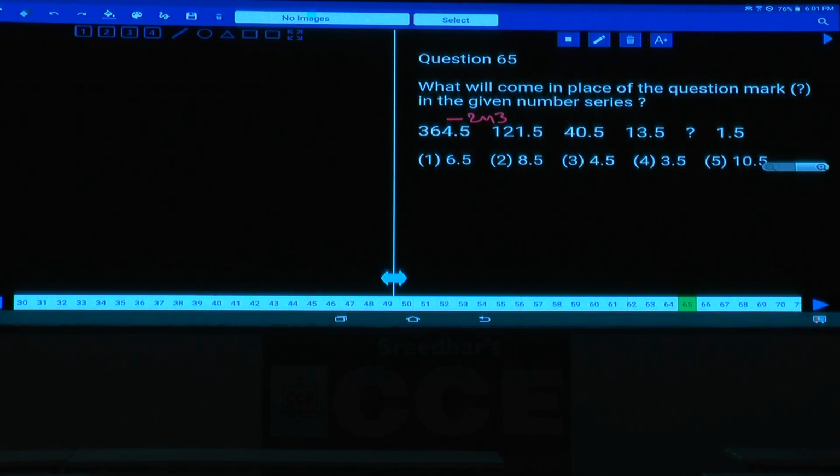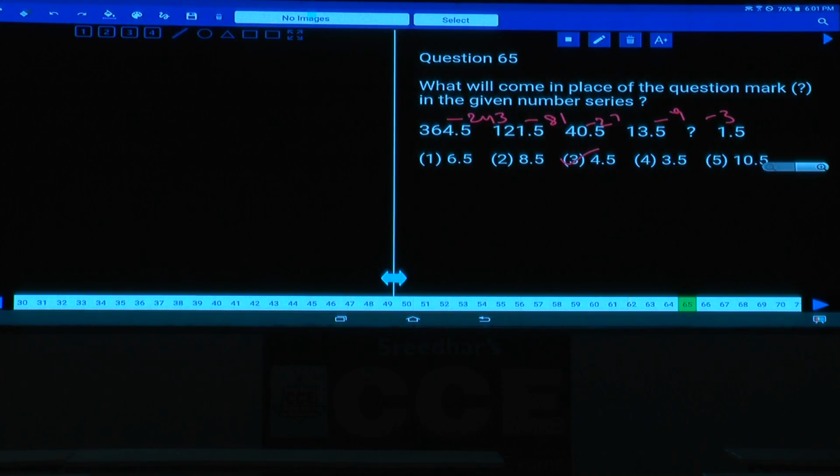And the next difference, the next one is minus 81. What are these numbers? 243, 81, and the next will be minus 27. Next one will be minus 9. Next one is minus 3. 1.5 plus 3 is 4.5, that is choice 3. Now these 243, 81, 27 can be written as 3 power 5, 243, 3 power 4 is 81, 3 cube is 27, 3 square is 9 and so on.